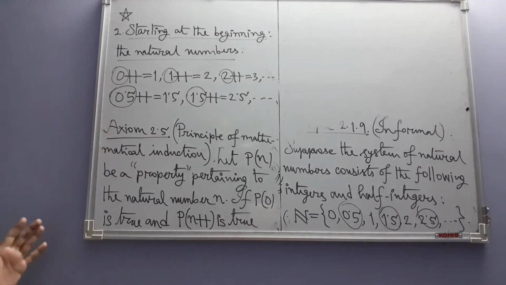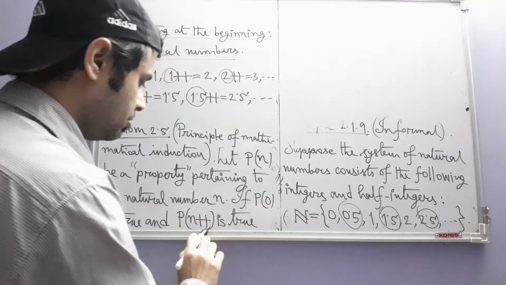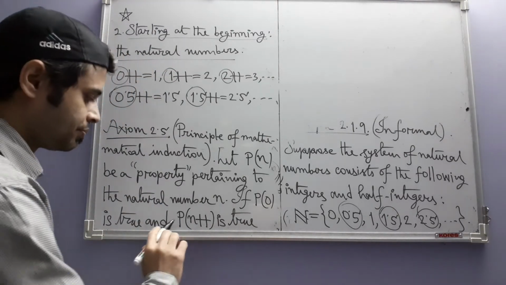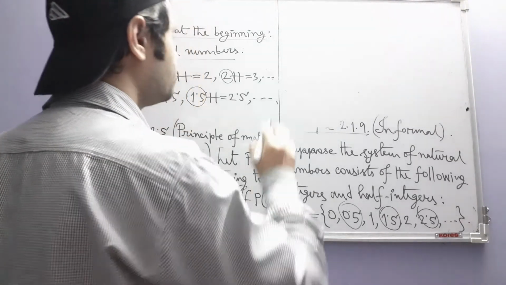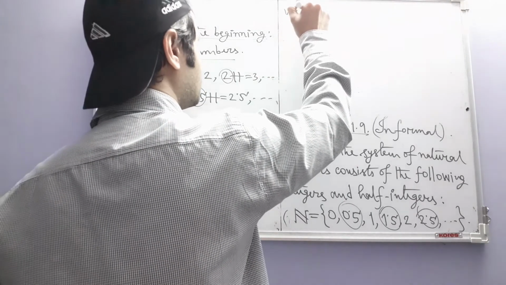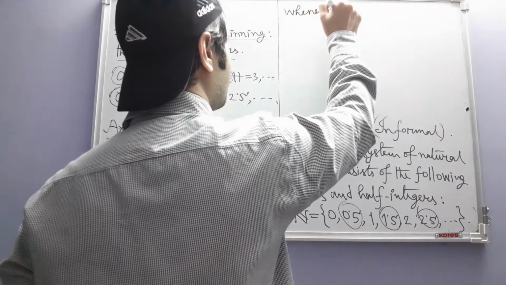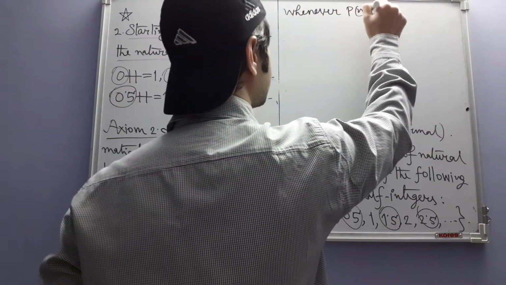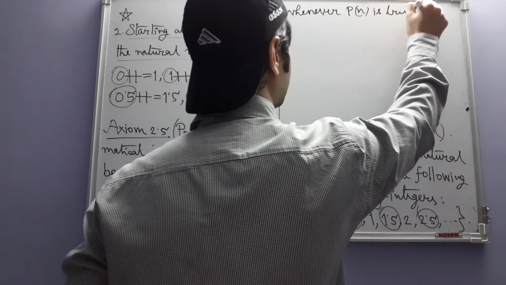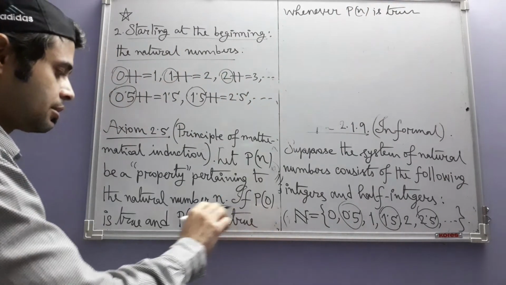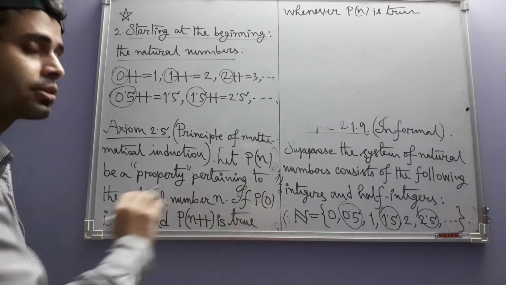We have not defined addition, so we are going to use only what we have. P of n plus 1 is true whenever Pn is true. So these are just the basis and the induction hypothesis.